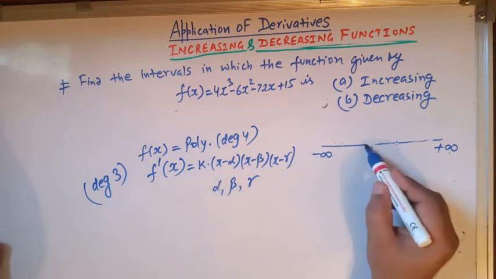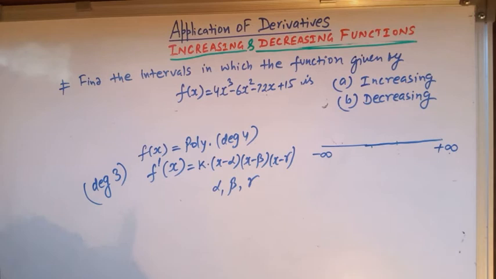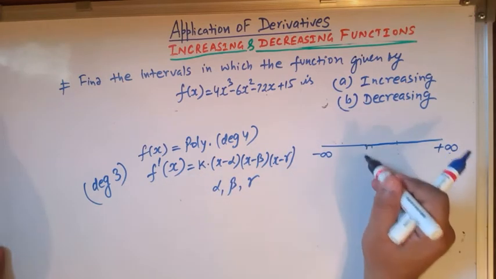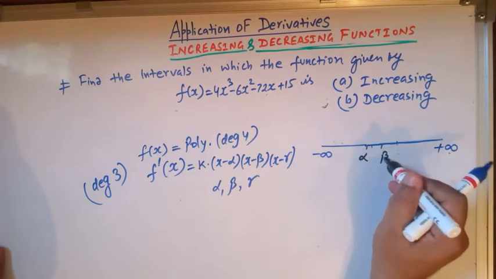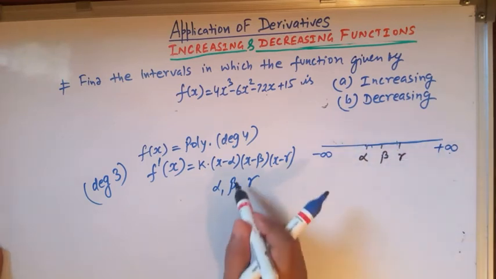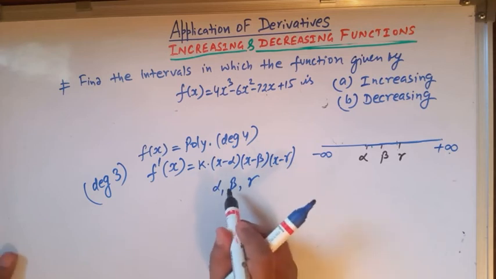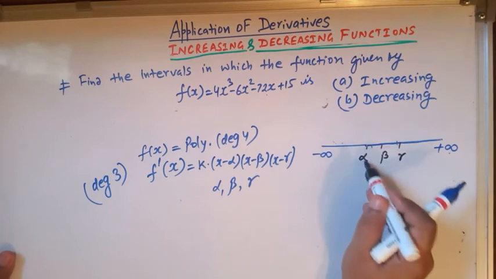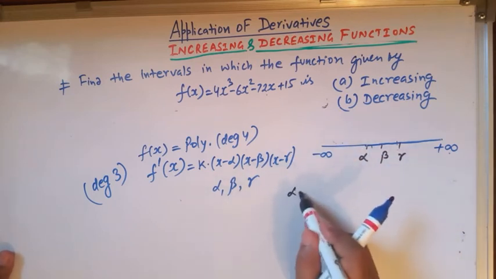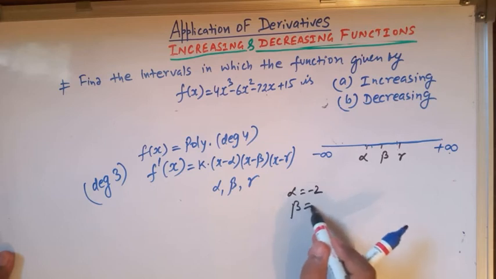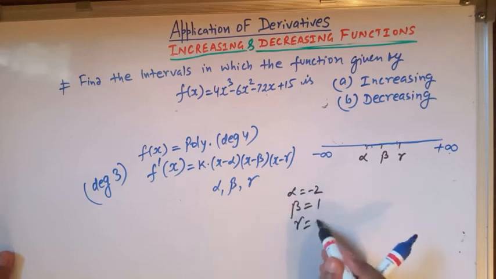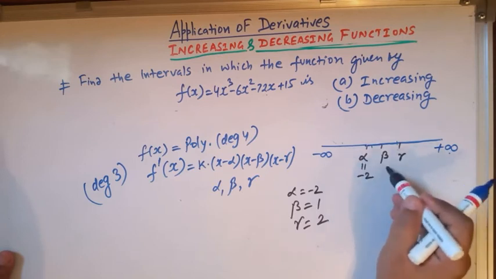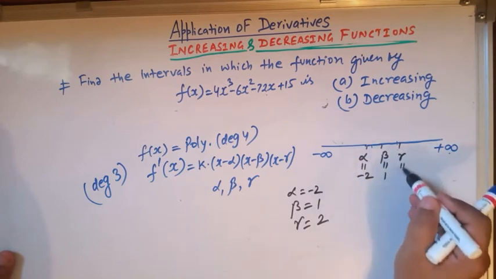So then we plot these points as alpha, beta and gamma, and here we'll keep in mind which root is to be written first. Clear? Say if alpha is -2 and beta is say 1 and gamma is 2, then obviously this will be -2 and this will be 1 and this will be 2.